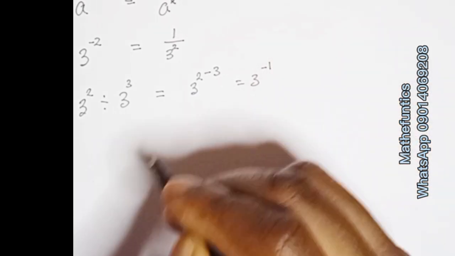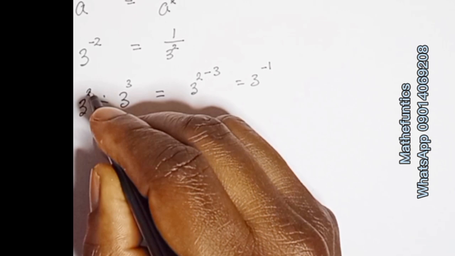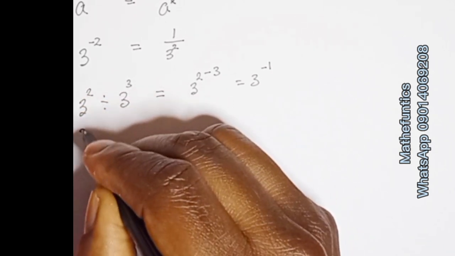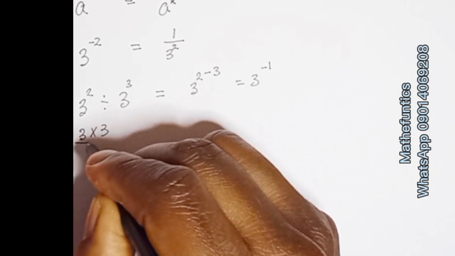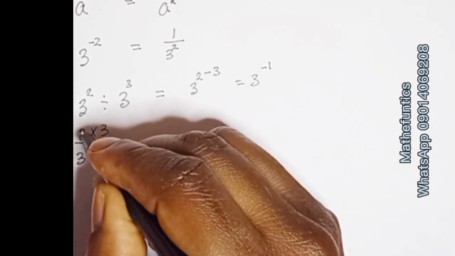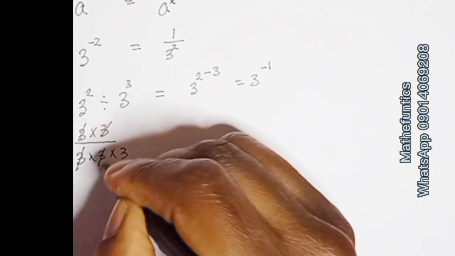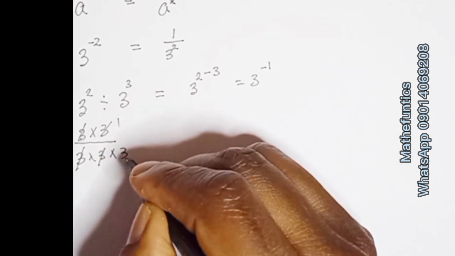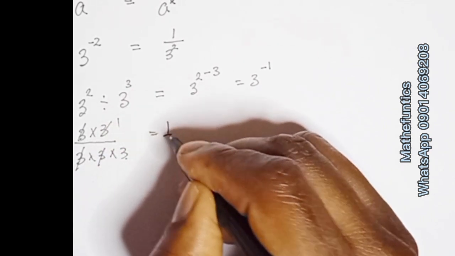Agreed? Okay. So what this is saying is that if I have 3 times 3 divided by 3 times 3 times 3, this would cancel, this would cancel. I'm left with 1 here, and I'm left with 3 here. This is 1 over 3.